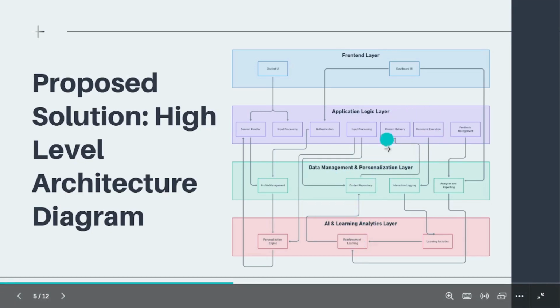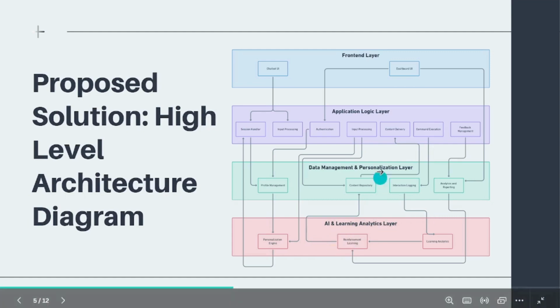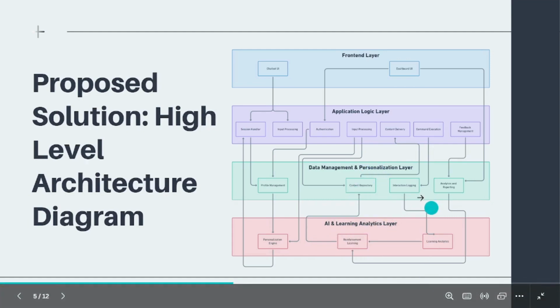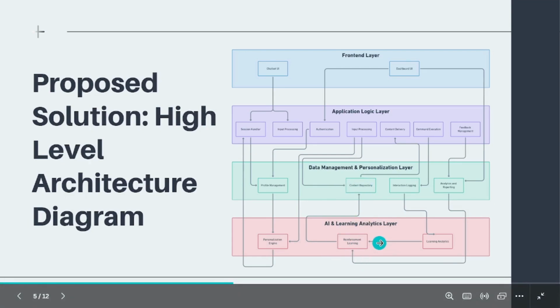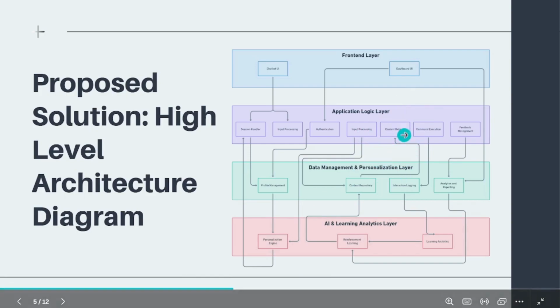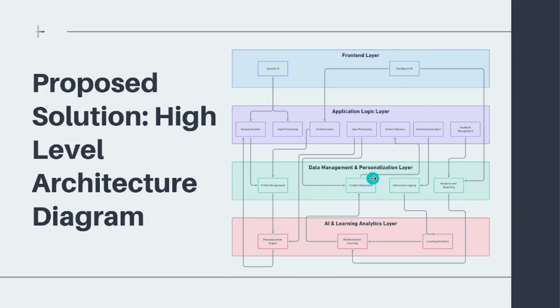So that is by the content delivery. And once again, all those are saved in the content repository. And from the reinforcement learning, whatever the new changes are once again passed to the content delivery from the content repository.